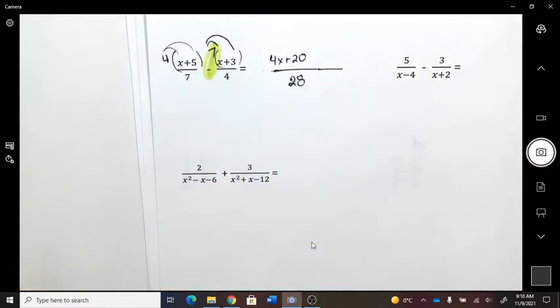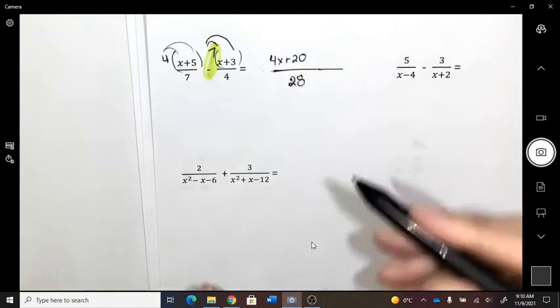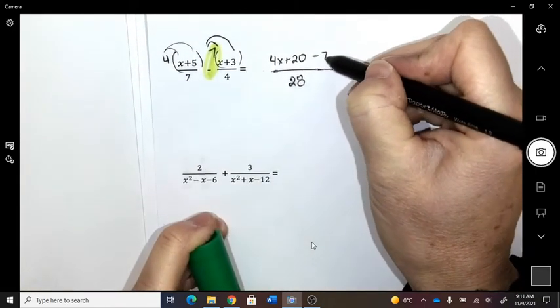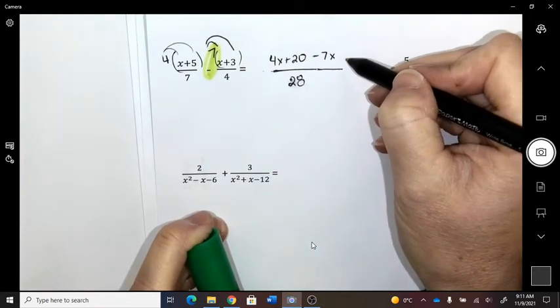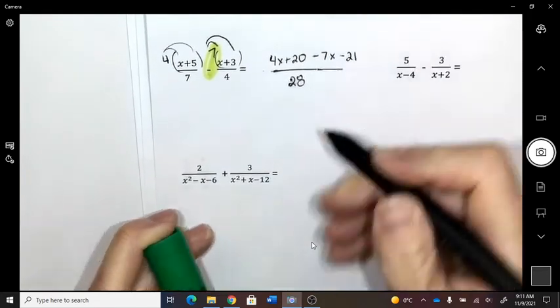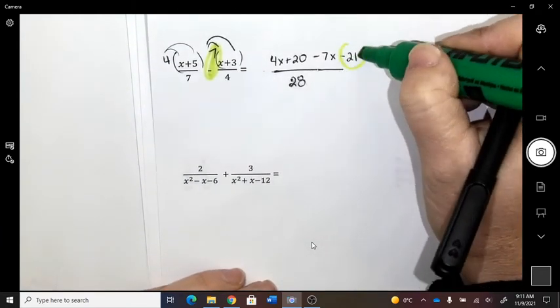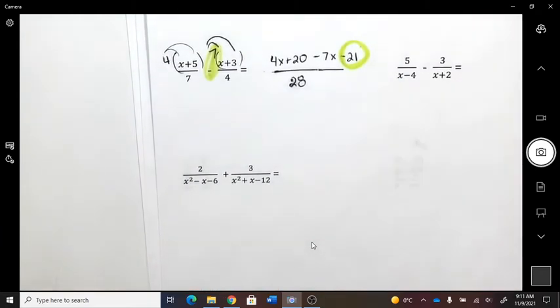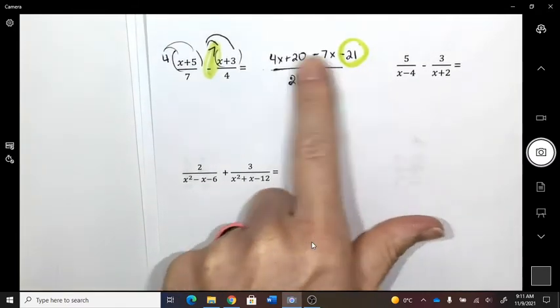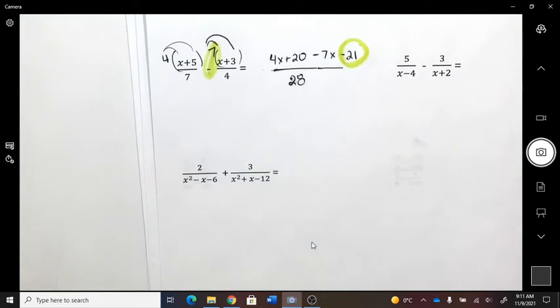So negative 7, because it's a subtract. So what are you going to get? You're going to get a subtract 7x and a subtract 21. Okay, so here's where it's a pretty easy spot to make a mistake. I get people who forget the negative sign, the subtraction sign. It's got to go with everything there. Okay?